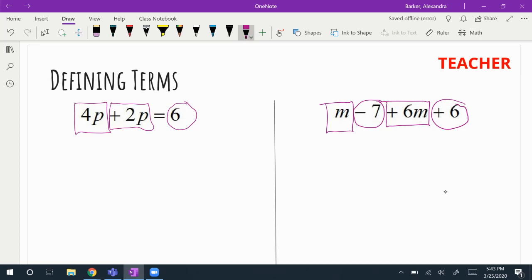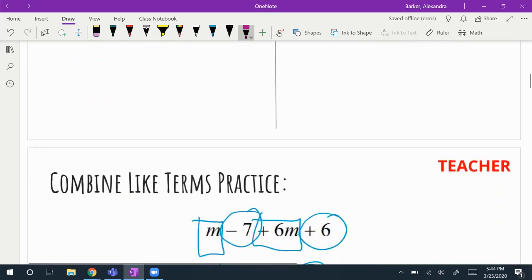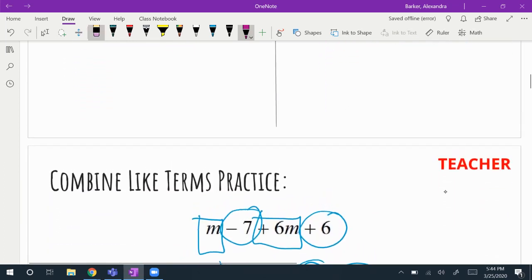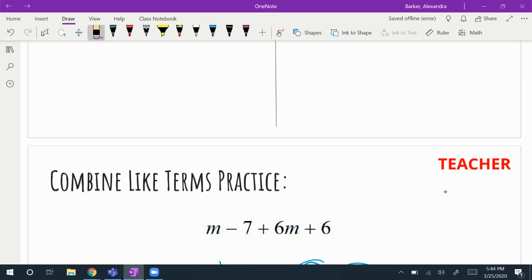So I like to visually put boxes and circles around them to make them different, so I can tell, okay, I need to combine my variable terms together and my constant terms together, and not combine variables with constants, okay? So we're going to come on down and practice actually solving this.